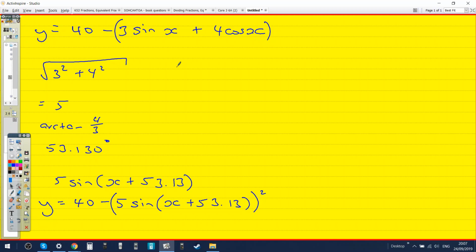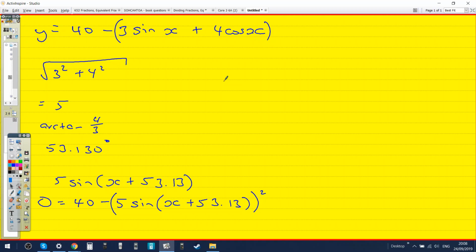And did they say they want you to sketch it? I don't know, maybe solve it when y is 0? I guess. Okay. So how would you solve it when y is 0? That I am not sure of either.